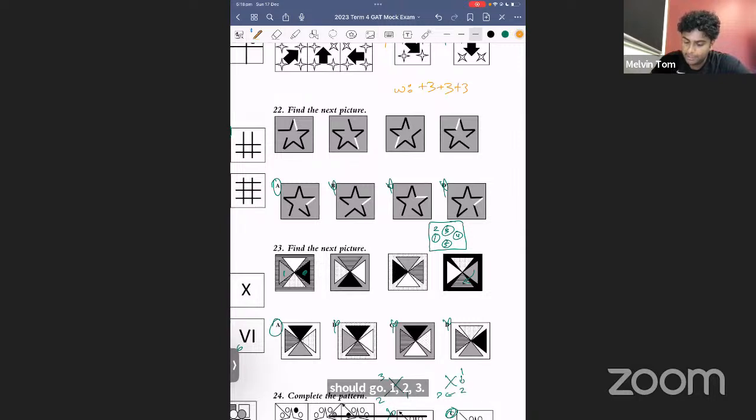So that means the white line has to be in this position, and we can cancel out option C, and that's it, right? Only option C.